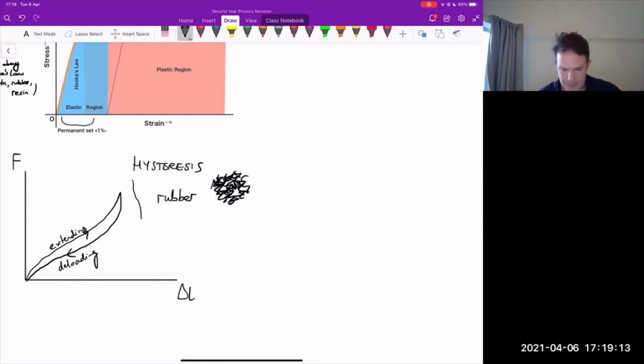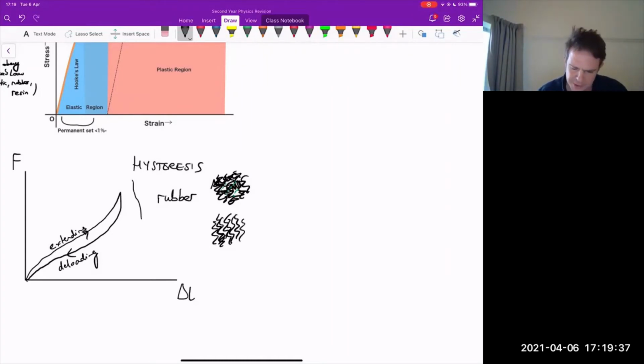So there are these intermolecular bonds in between the chains which you have to break. That actually requires quite a lot of force. But once you've broken those bonds to start to untangle them, they straighten out. So you've untangled these long chain molecules.